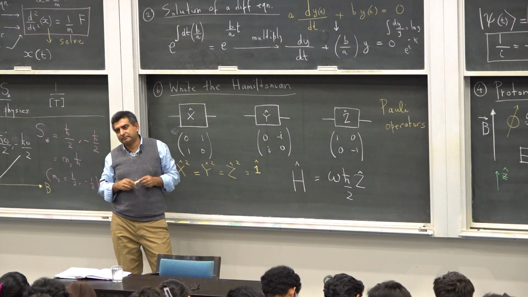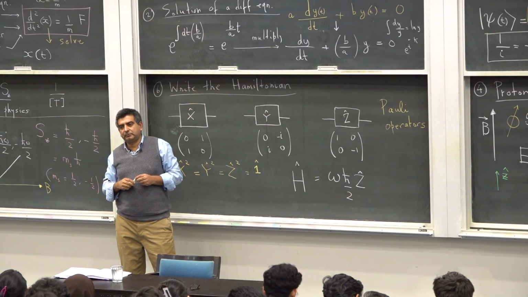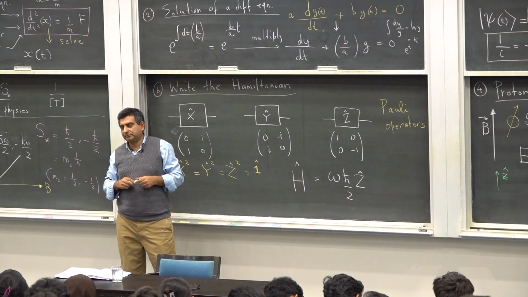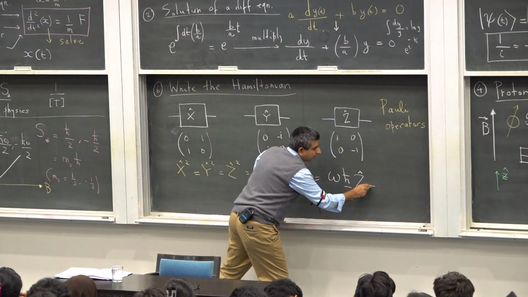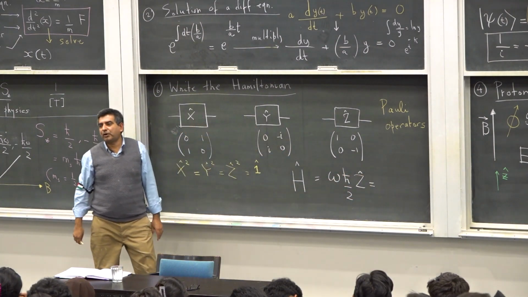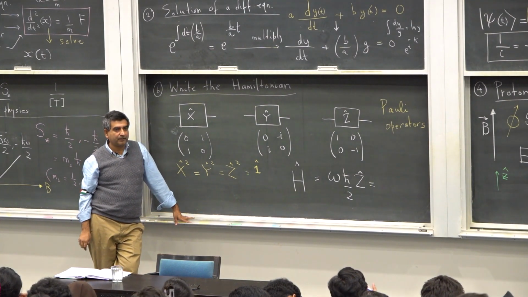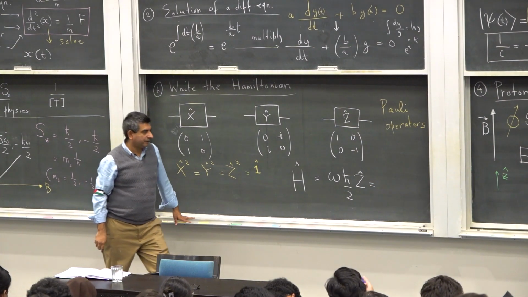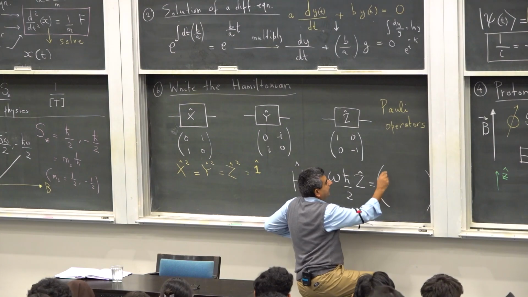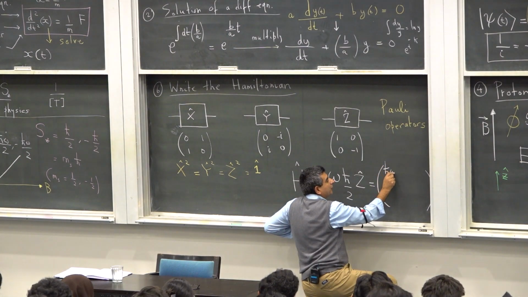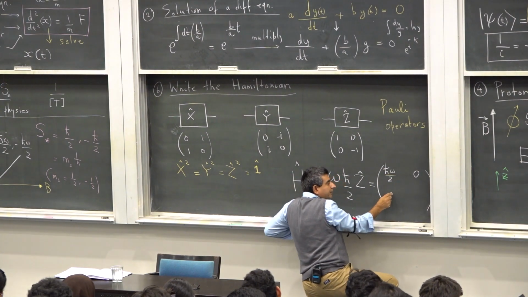So for that same proton, in the Schrodinger time dependent equation, the Hamiltonian is this. Now can you write this in matrix form? What will it look like in matrix form? Right, so in matrix form this will be h bar omega over 2, then 1 0, 0 minus 1.